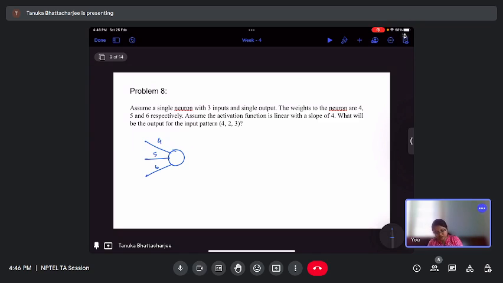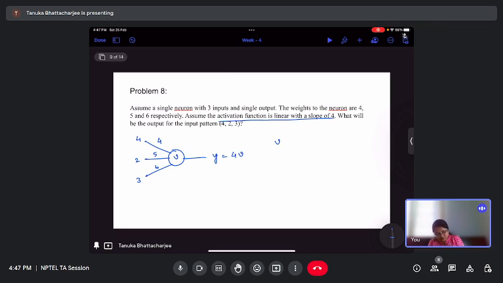These are your weights 4, 5, 6, and your input pattern is 4, 2, 3. Here you get v, and what is your y? The activation function is linear with a slope of 4, so it will be 4 times v.